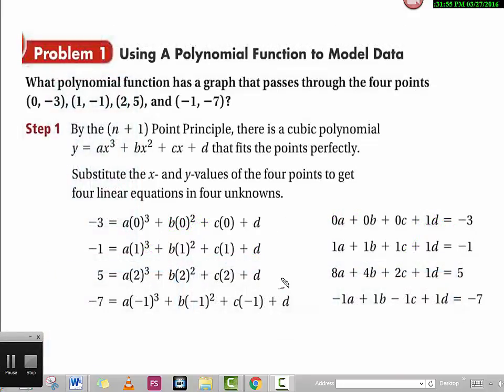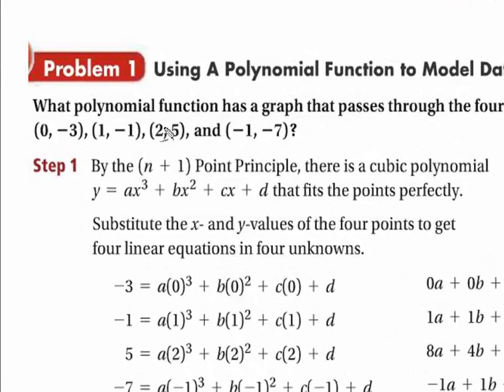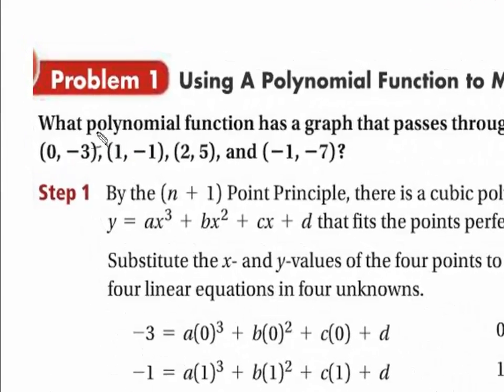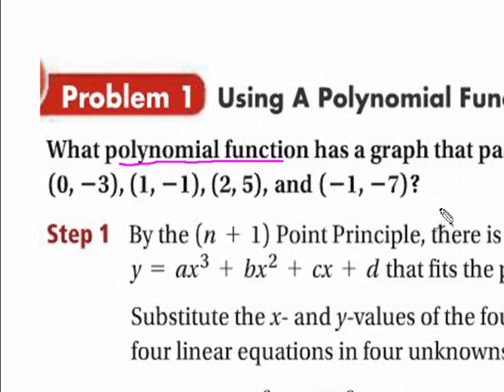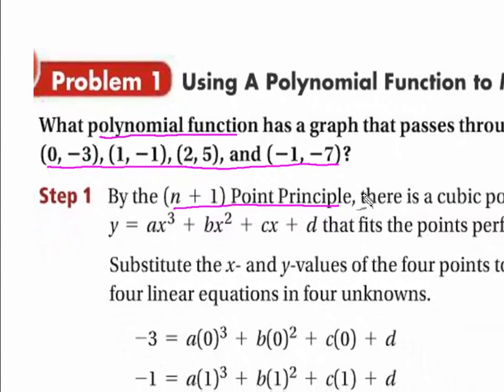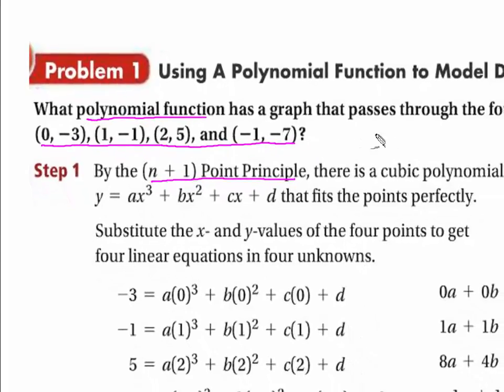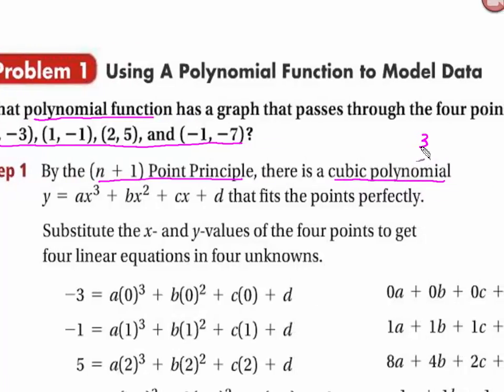Now let's start with a mathematical model first before we apply the concept in a real-world context. Here's the question. It asks you, what polynomial function will have a graph that has these 4 points passing through it? So according to the n+1 point principle, we know the function that has these 4 points is a cubic function, because in the cubic function the biggest power is 3.